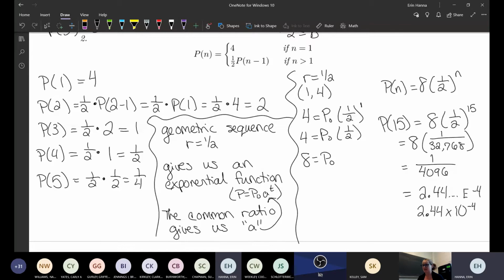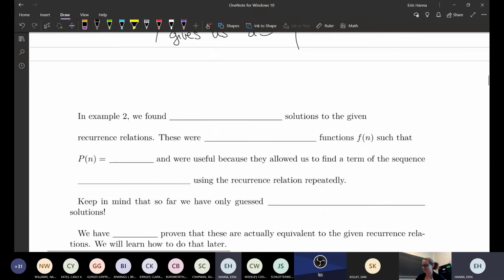Again, it's not always going to be easy to see the pattern that's going on. So what we're going to eventually lead up to is being given a recurrence relation, and someone's going to say, here's a function that I think works, and we're going to have to verify that it works. So that's what we're going to build up to. But not quite there yet.